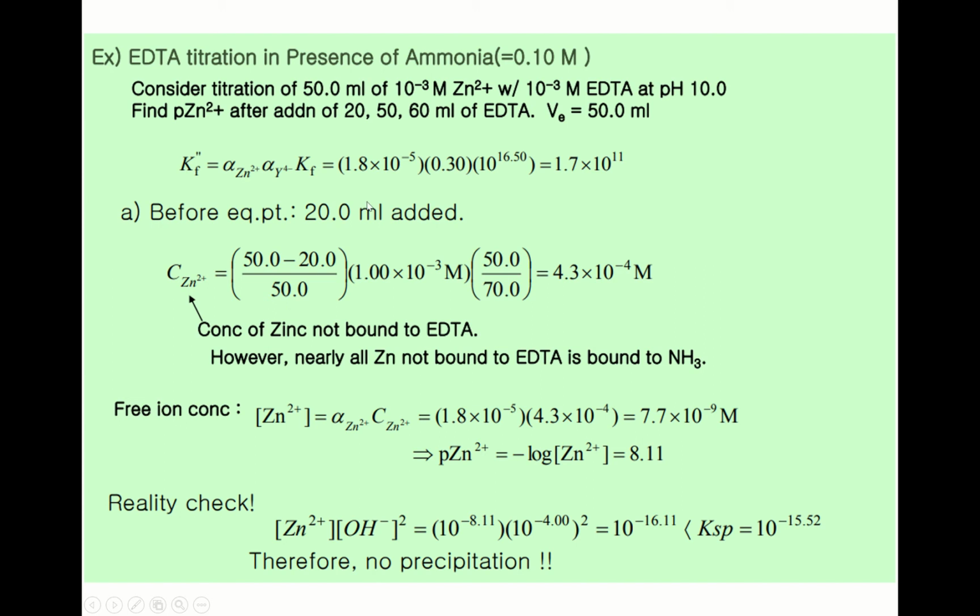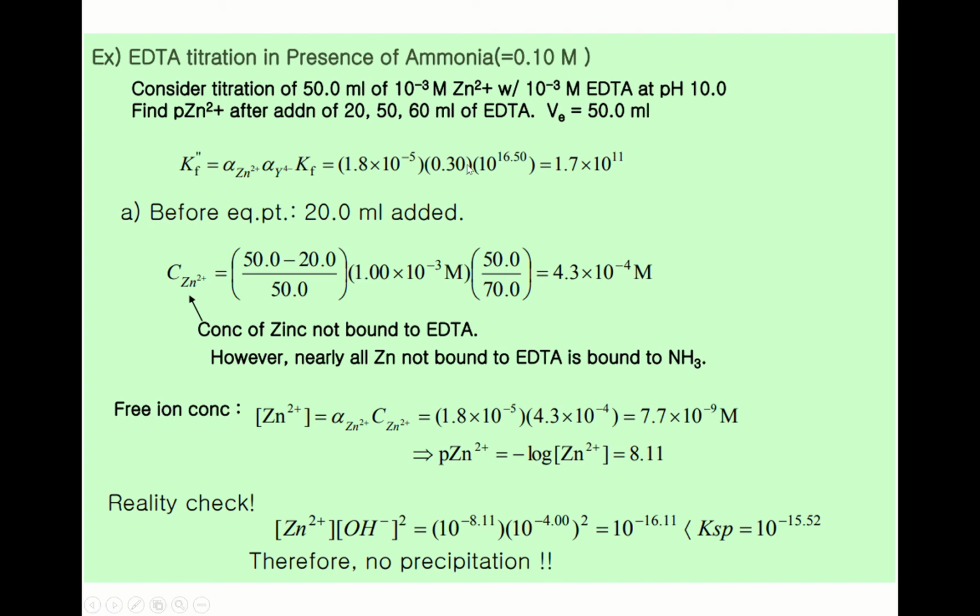Wow, you have to be amazed. Even with the multiplication of these two alphas, this effective conditional formation constant is still very high, 10 to 11, right? So titration can be done virtually without any problem.